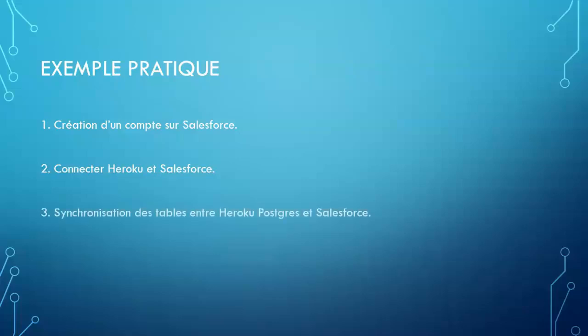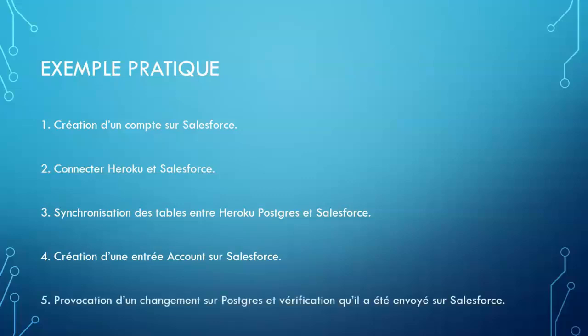Thirdly, we will synchronize our first tables between Heroku Postgres and Salesforce. For this example, we will use the accounts object. Fourthly, we will create a new Salesforce account entry. When we validate it, it will be sent to Heroku and will be available for use. And finally, we will make a change on the Heroku side, verifying that it has been sent to Salesforce.